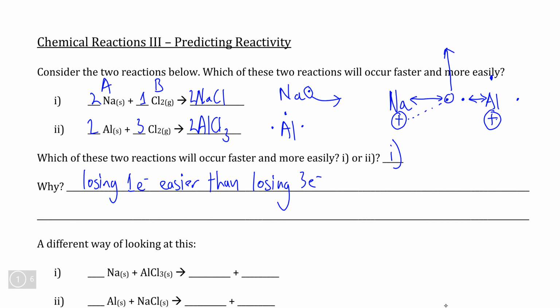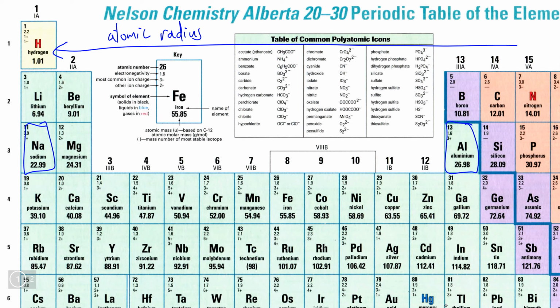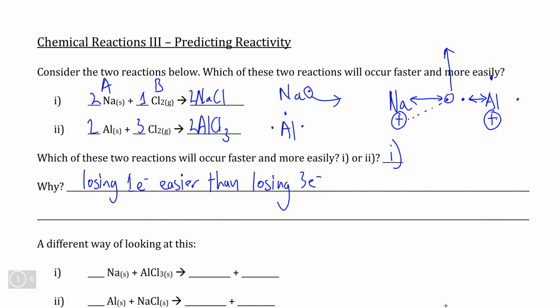Now, since aluminum not only has a shorter distance from its nucleus to its valence electrons, aluminum also has more protons, which means it has more positive charge. Remember that the atomic number, 11 for sodium and 13 for aluminum, also tells us the number of protons.